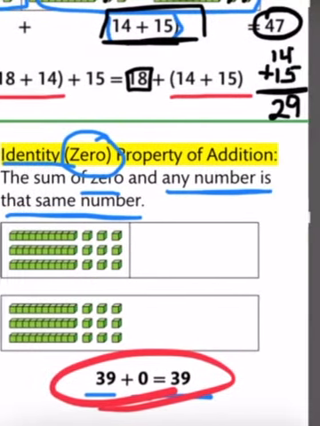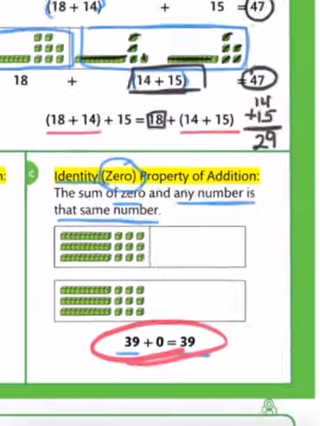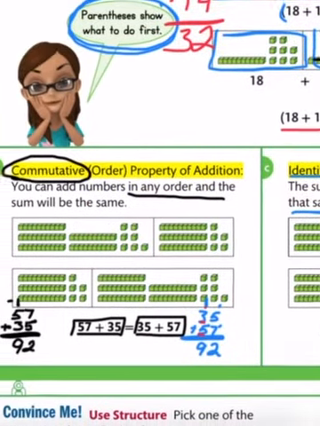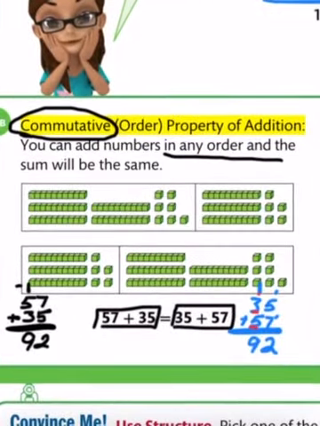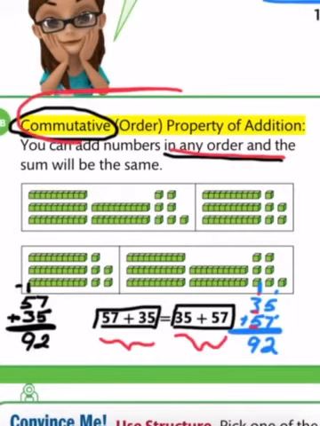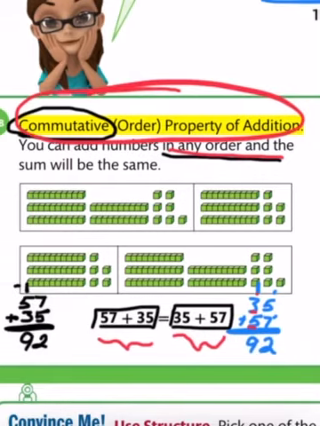Let's take a look at our other property, the commutative property. You can put them in any order. So they change the order. Here on this first example, they have 57 first, and on this second example, they have 57 second. So they change the order, so that's the commutative property.